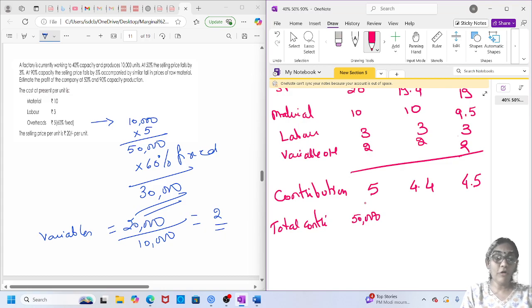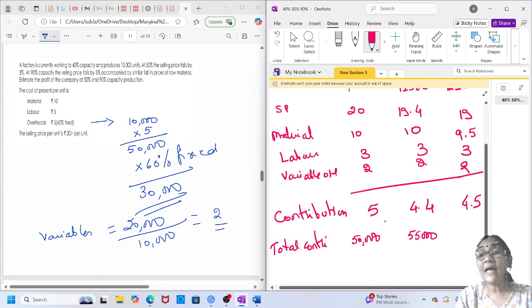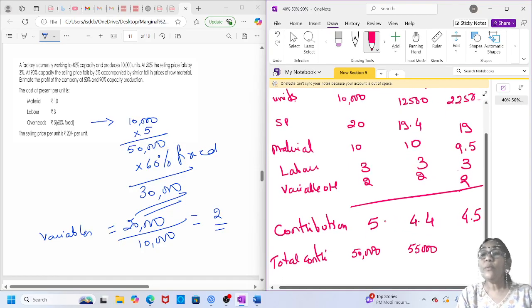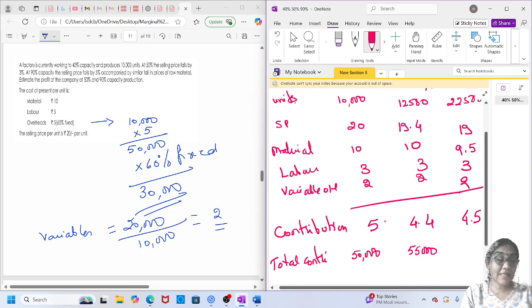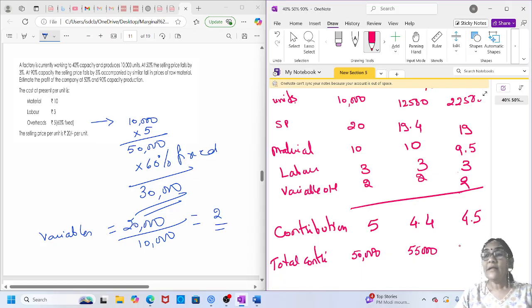4.4 multiplied by 12,500 will give you 55,000 total contribution. I'm multiplying contribution per unit with the number of units. And then 4.5 multiplied by 22,500 will give me 101,250, right?